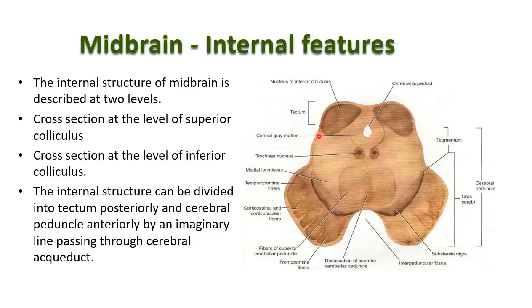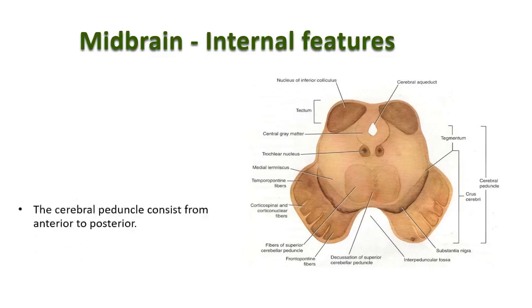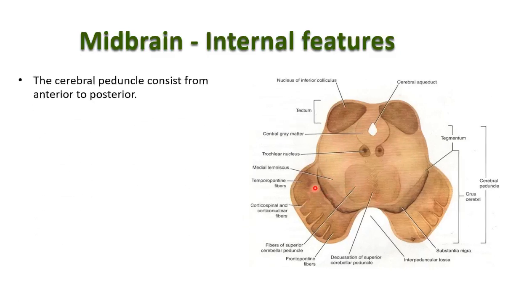If you draw an imaginary transverse line passing through the center of the cerebral aqueduct, dorsally what you see is the tectum, and ventrally this part is called the tegmentum. So this is tectum, this is tegmentum, and in front what you see is the crus cerebri. So first, coming to these cerebral peduncles.